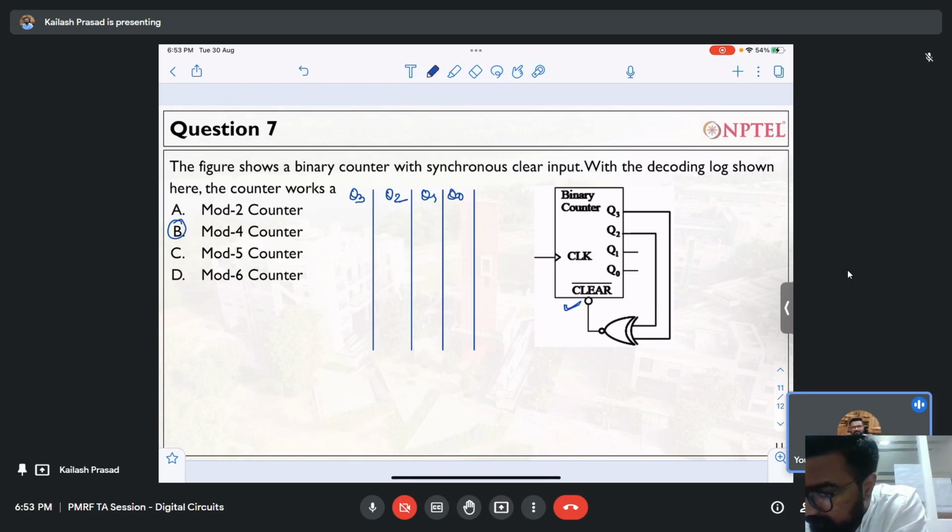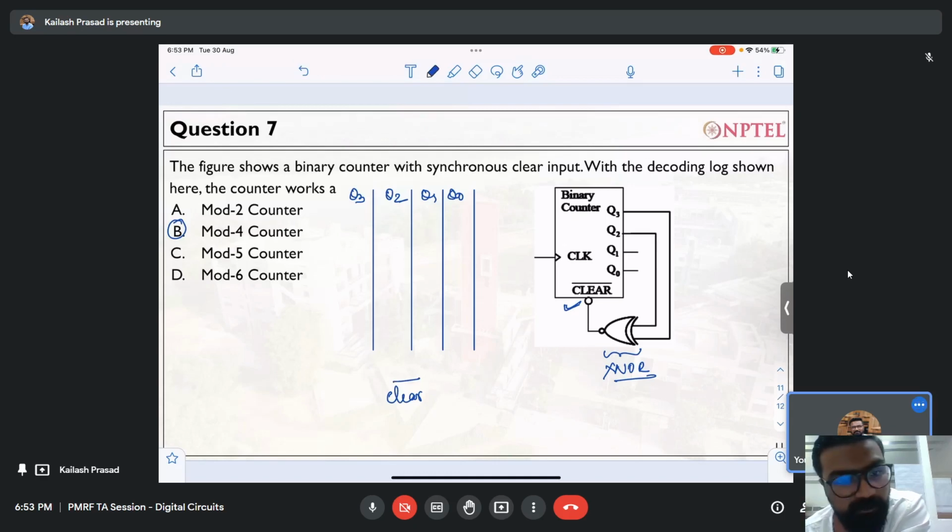So let's see, right? When will this counter be reset? That's the question. Okay, this is an XNOR gate, and the clear bar button is getting the output of the XNOR.